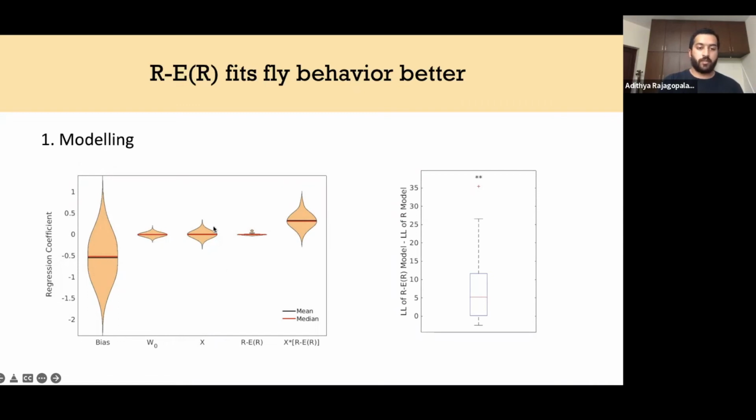Bias was a little bit all over the place, and the term that incorporated the coincidence between reward and stimulus was the one that was consistently elevated and was important in predicting the turning behavior. And when we compared the log likelihoods between an R minus ER model and an R model, when you subtract the difference, you see a positive value suggesting that the R minus ER model is a better fit for the data.